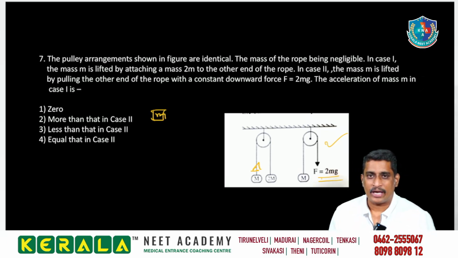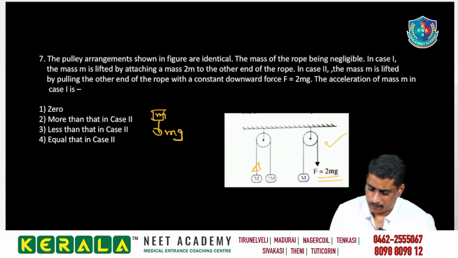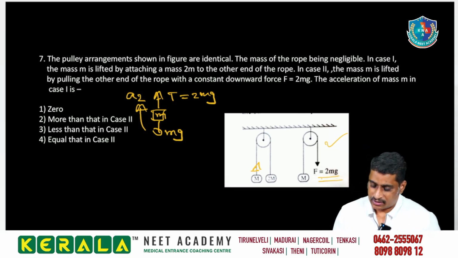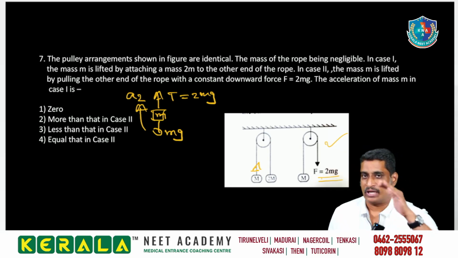that block M will be acted on by two forces. One force is mg, the other force is tension. That tension is nothing but 2 mg. Therefore, this block will accelerate in the upward direction. In the second case, the resultant force acting over that block will be in the upward direction.